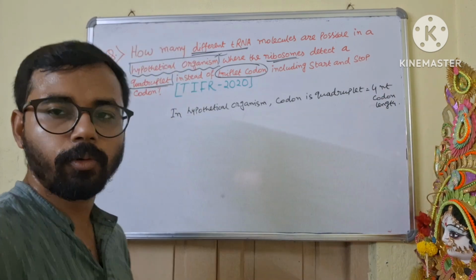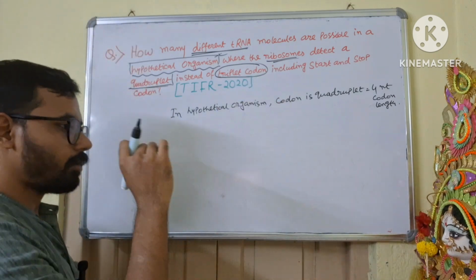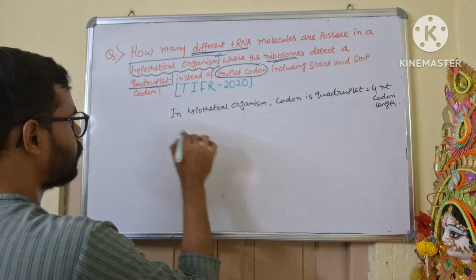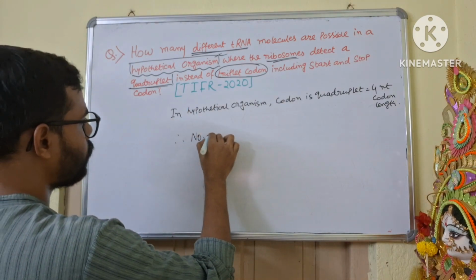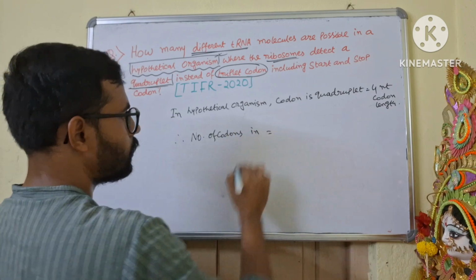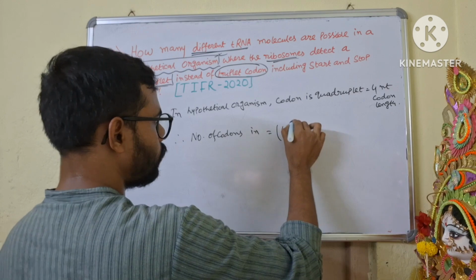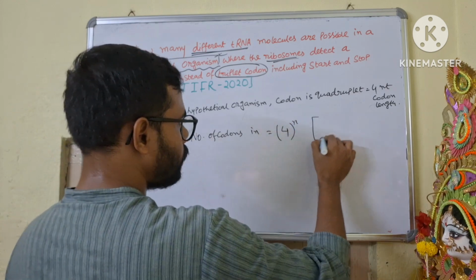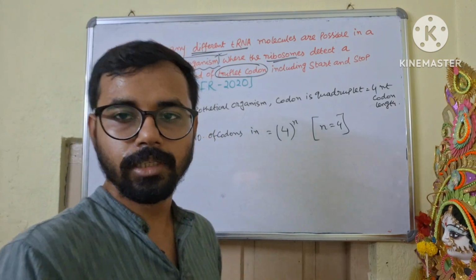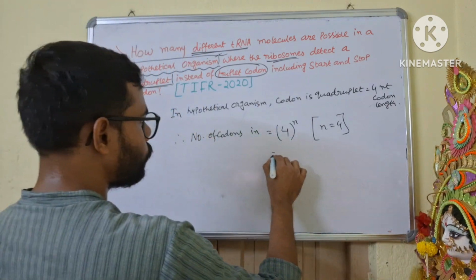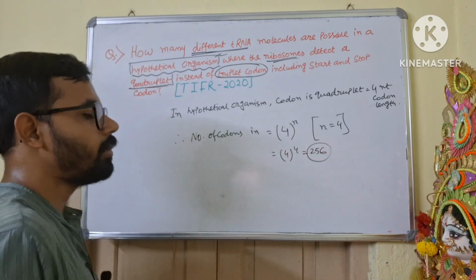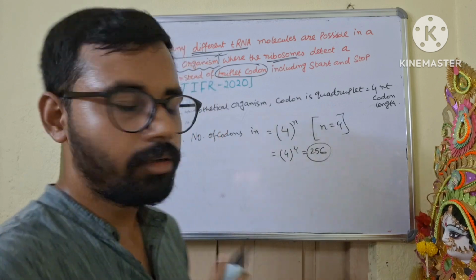So we can calculate the number of codons in that hypothetical organism using the formula 4 to the power n. Now here n equals 4. Before, in the normal cell, n equals 3, but here n equals 4. So 4 to the power 4, that means 256 codons are now available in the hypothetical organism.